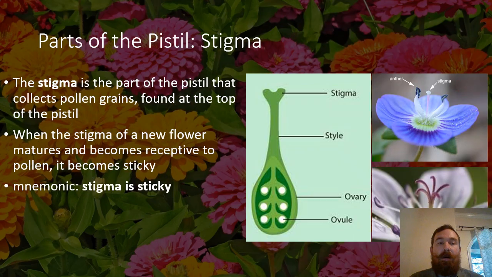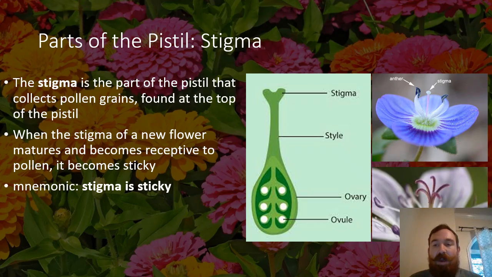Okay. So when we look at pistils or carpels in a flower, we always find at the very top a structure called the stigma. I like to teach students to remember what this thing does by calling it the sticky stigma. Your sticky stigma, when it is mature, because often when flowers first open, it is not yet mature and might look dry.